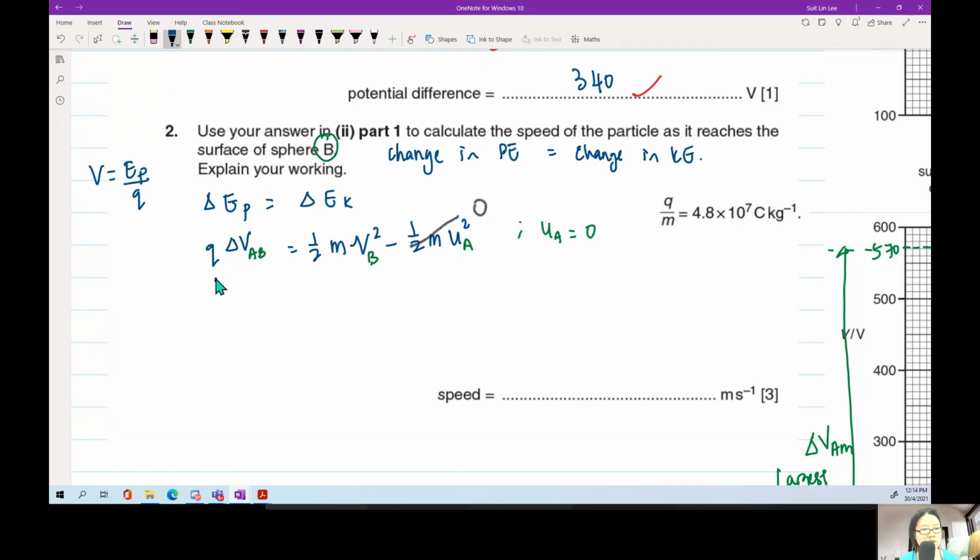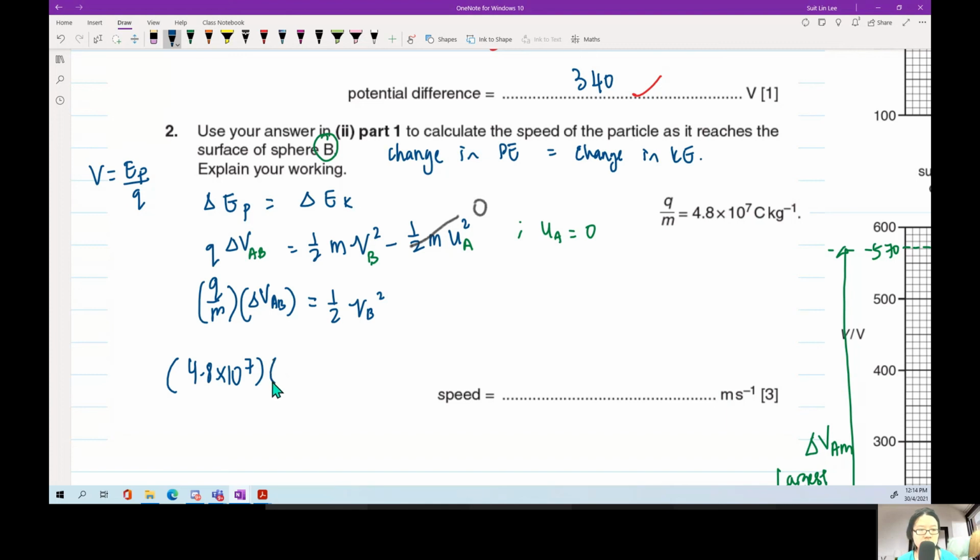I know delta VAB is 340, so I can substitute later if I need to. Here will now be half V square. I am looking for VB square, right? So I can substitute already. Q over M is 4.8 times 10 to the power of 7.